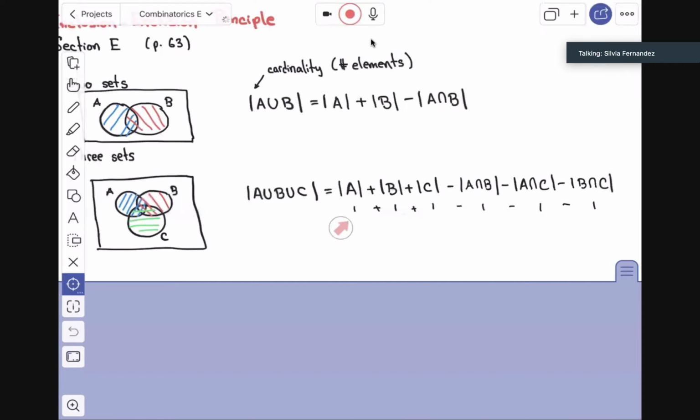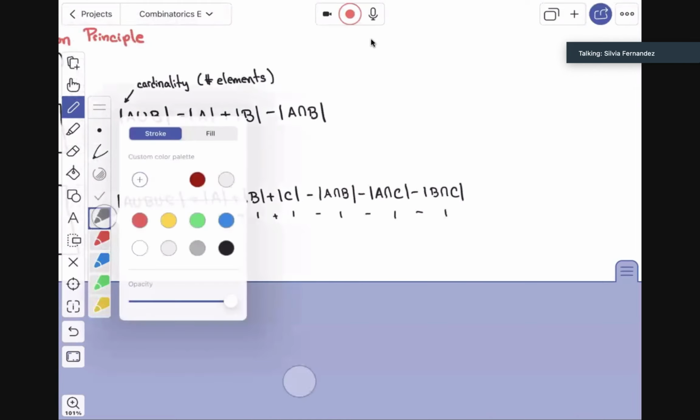And so far, I haven't counted them. They were added three times, but then they were subtracted three times. So I haven't counted them. So I'm going to add them.